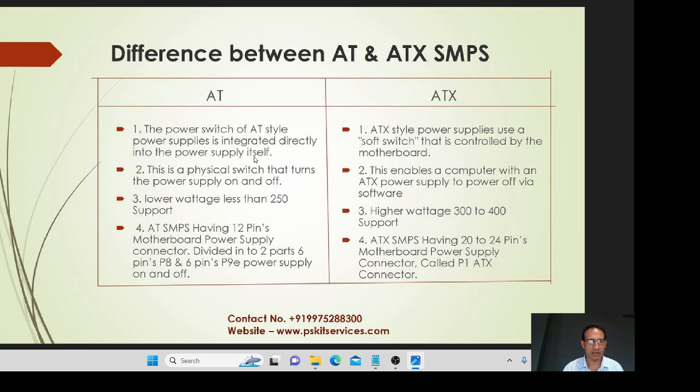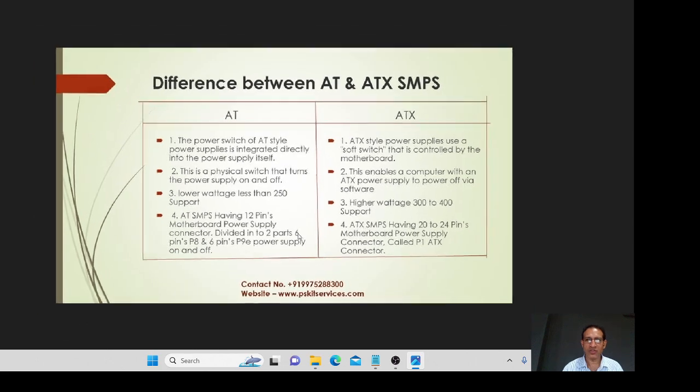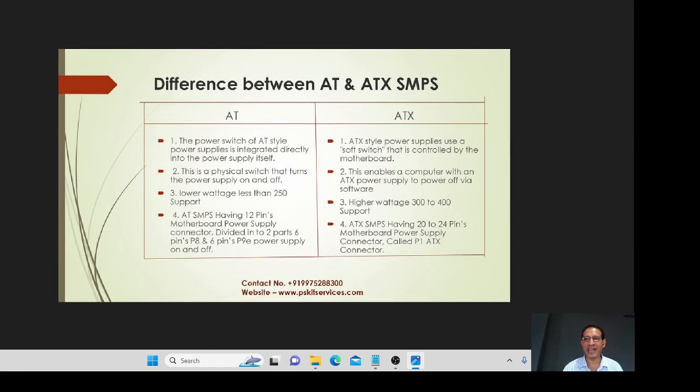P9 and P8 connectors are available on AT, but 20 and 24 pin connectors are available on ATX. The wattage of the AT power supply is 250 or less, but for ATX it's more than 300, 400, and now the latest wattage is 1000 or over. Those are the points that identify the difference between AT and ATX technology.